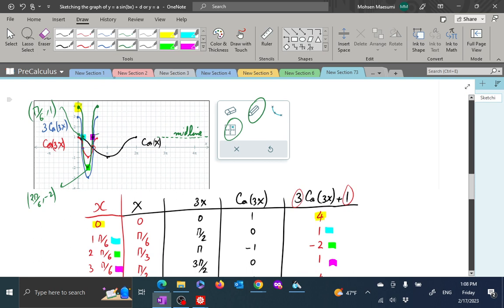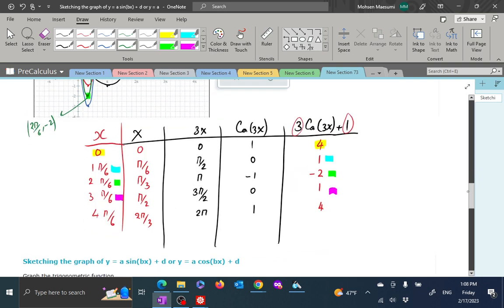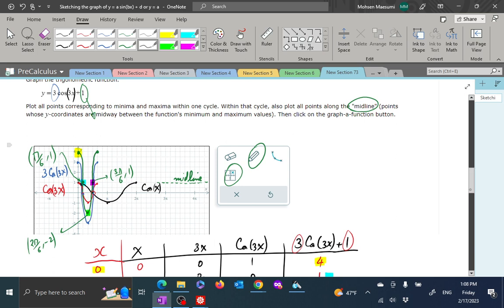And finally you have 2 pi/3 or 4 pi/6 and 4. That is the final point that you plant here. So that's 4 pi/6 and 4. You do either this one or this one to get the point, and then you are all set.